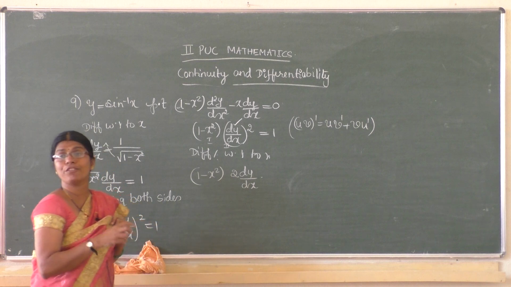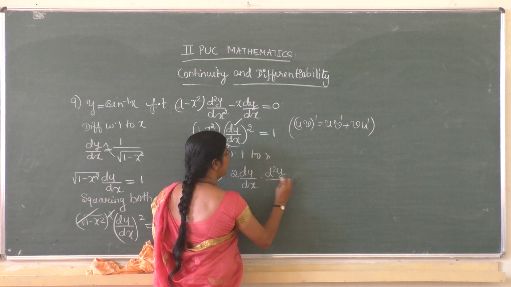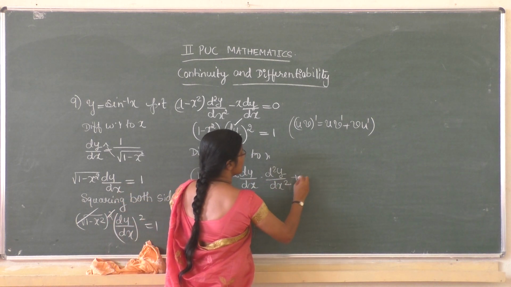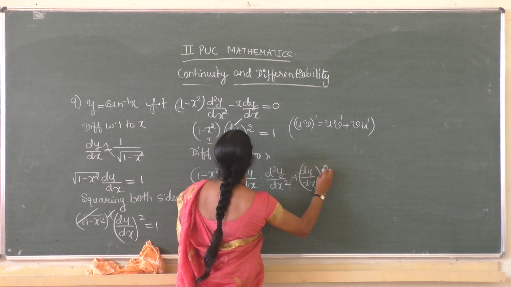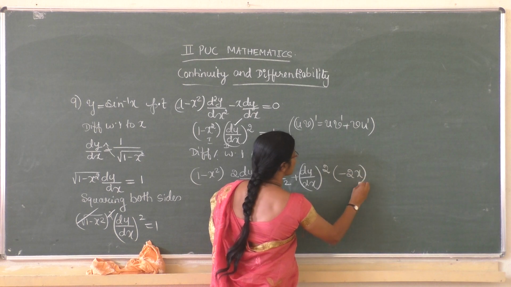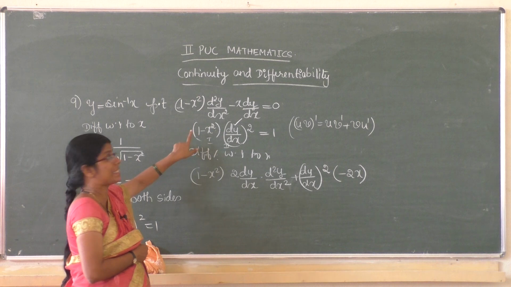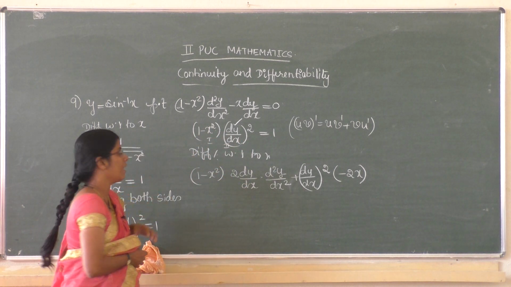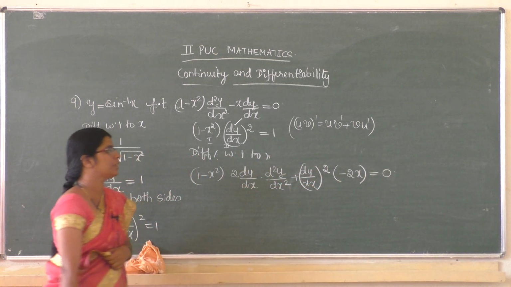Then derivative of dy by dx, that is d square y by dx square, plus dy by dx whole square into derivative of 1 minus x square, that is minus 2x, because we know that derivative of 1 is 0. 0 minus 2x, that is nothing but minus 2x, is equal to 0.